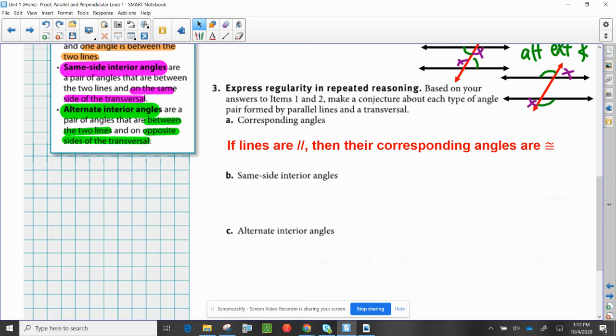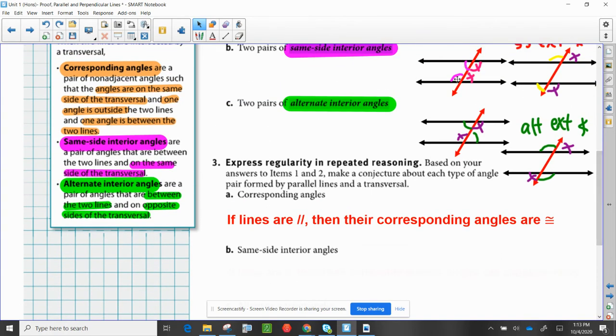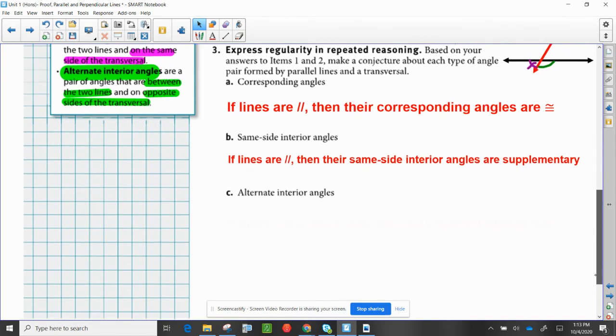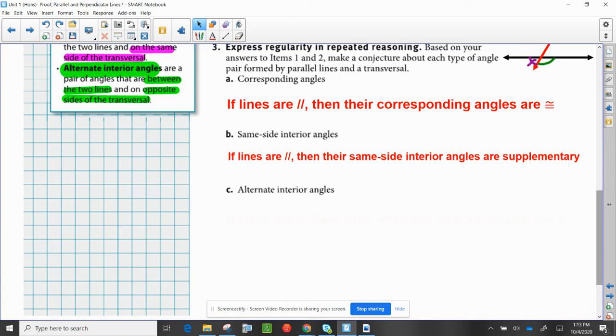If we have same side interior angles formed by a transversal cut through parallel lines, then we know that those angles are going to be supplementary. And lastly, if you have alternate interior angles, angles formed by parallel lines cut by a transversal, they are going to be congruent as well.